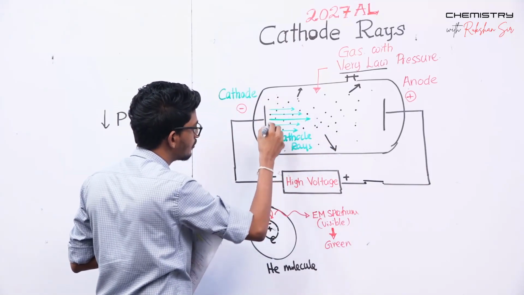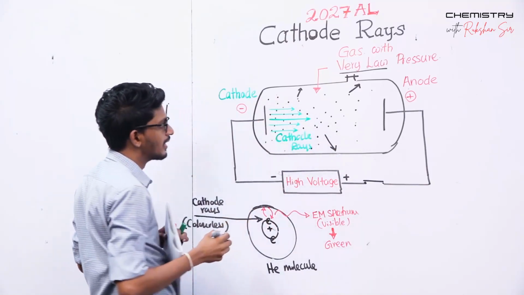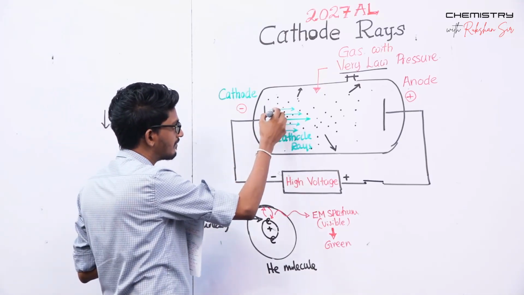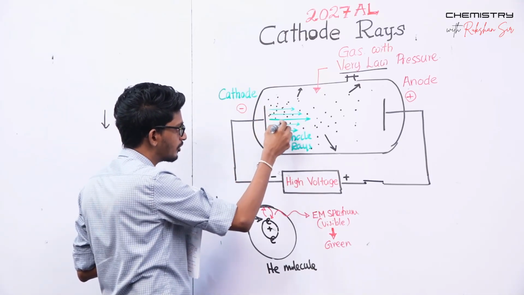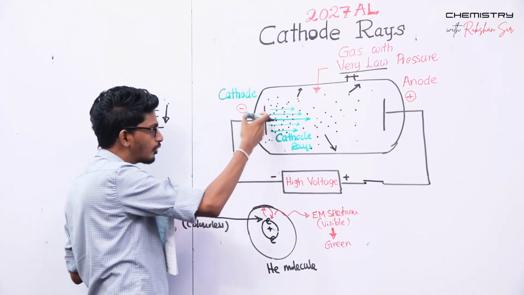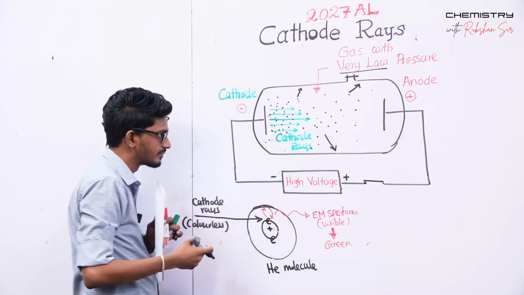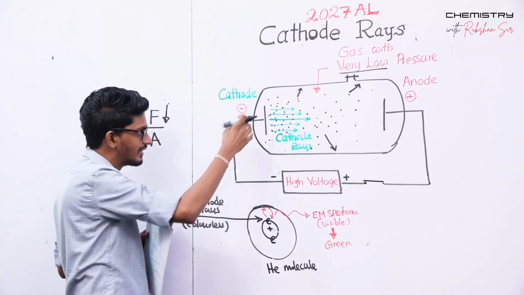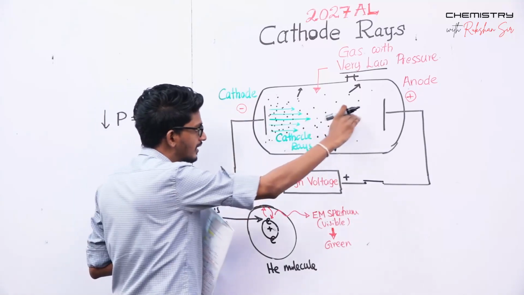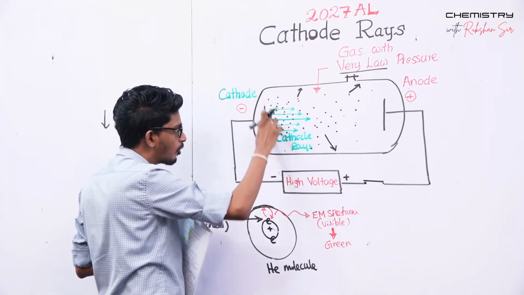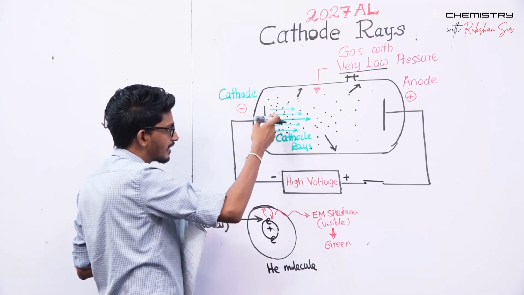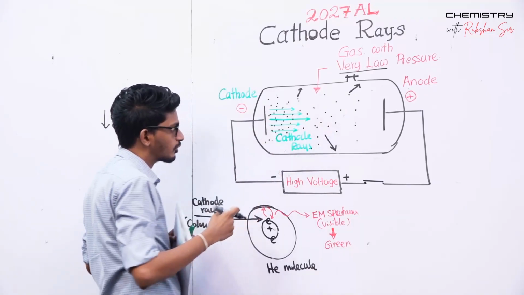When these rays hit these molecules, those rays will stop at that place. The rays are not able to go through the gas if more gas molecules are there.